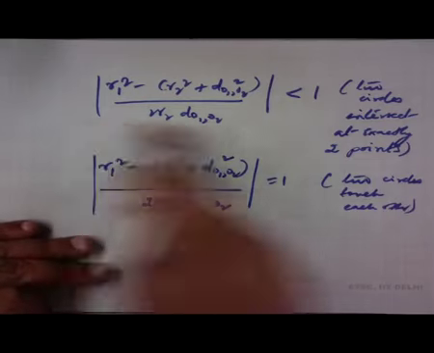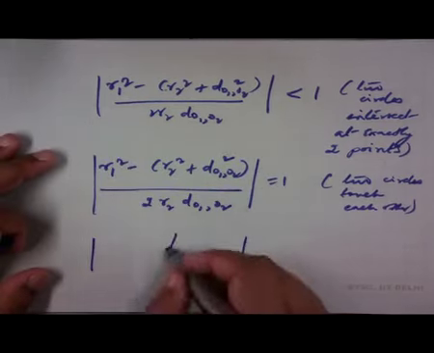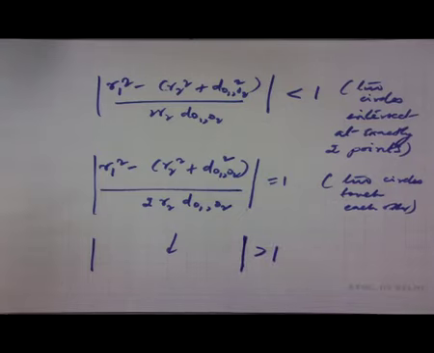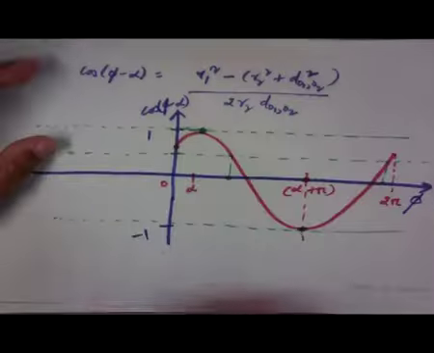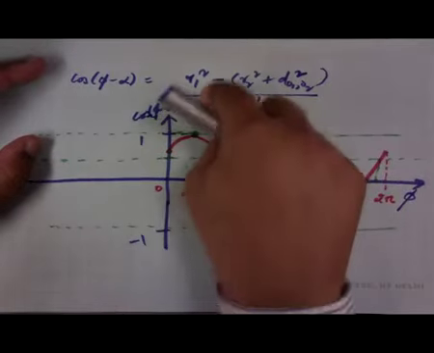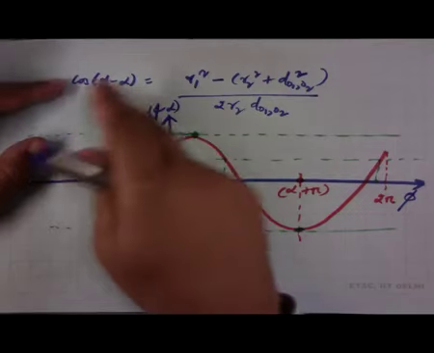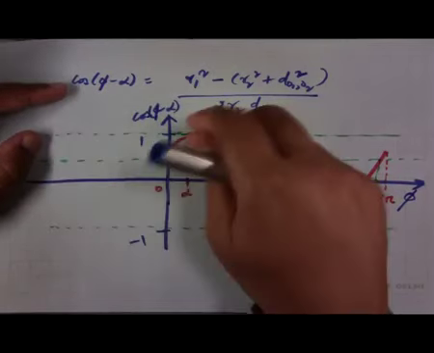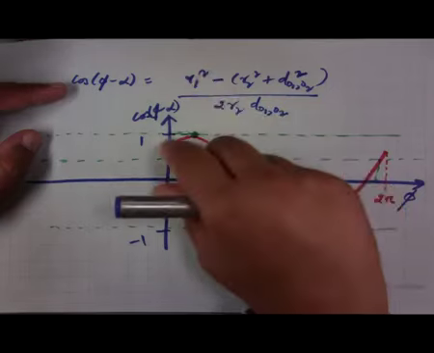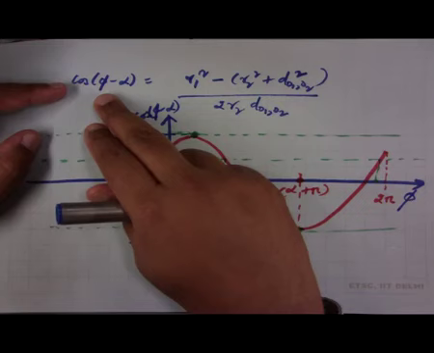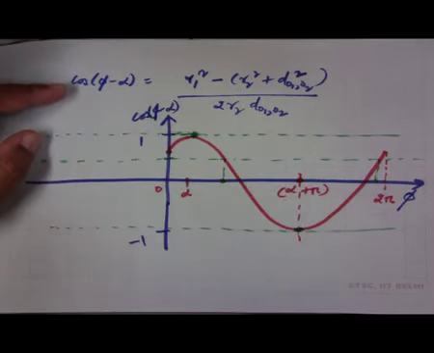And of course, if this value, the absolute value, is greater than 1, then there is no solution of phi, because the range of the cosine function is between +1 and -1, which basically means that since there is no solution of phi, the two circles do not touch each other, or neither do they intersect each other.